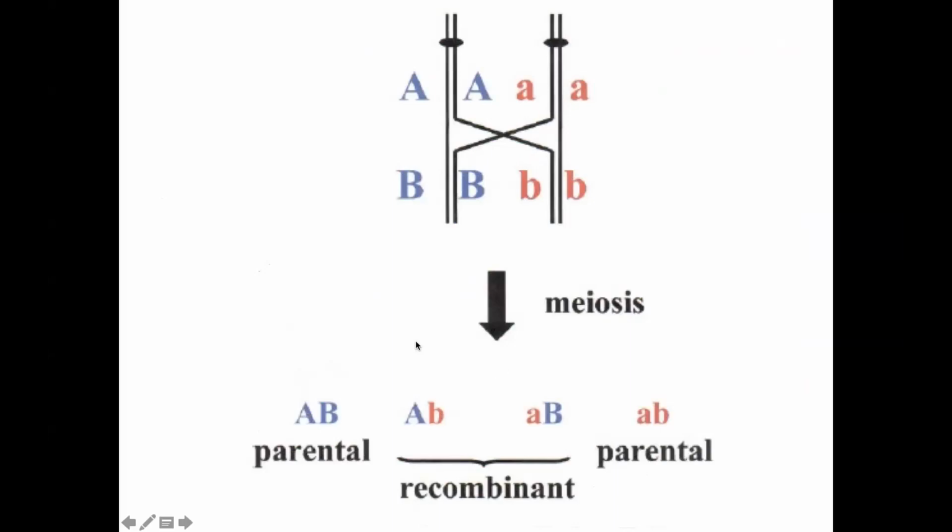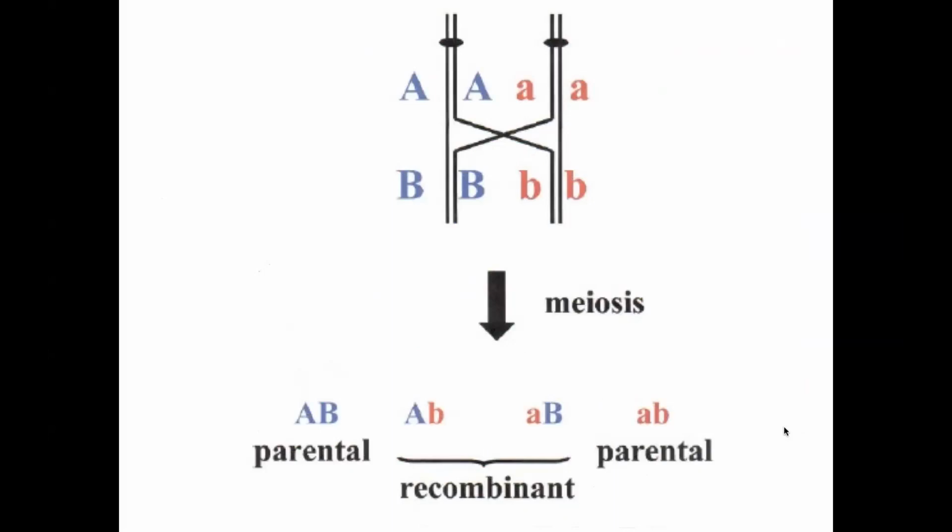It would be very low. But if the A and the B gene were physically very far apart, then there's a much higher likelihood that they will recombine and a much higher likelihood of producing these recombinant type gametes. And again, remember, these gametes are responsible for producing the progeny in the next generation.